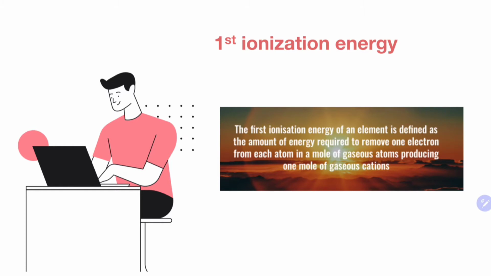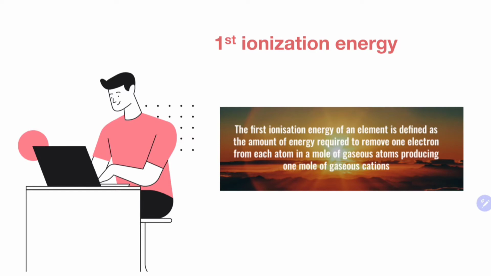We continue with the definition. What actually is ionization energy? Ionization energy is the energy required for an atom of an element to release the outer electron to become a positive ion.